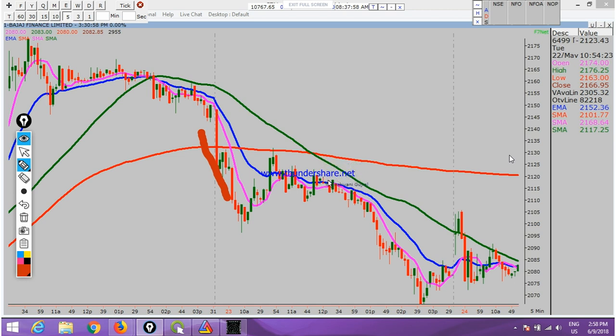So immediately what is the message? That 200 is a strong support and it starts to come off. So when it starts to come off, the message got from the bears is at 200, things are looking strong.